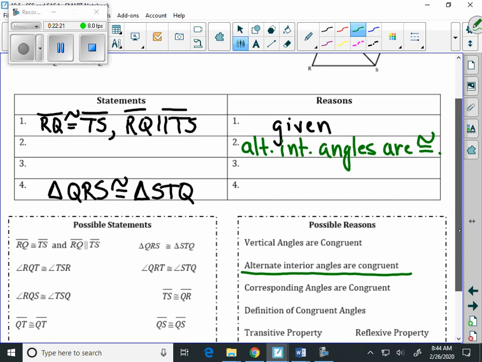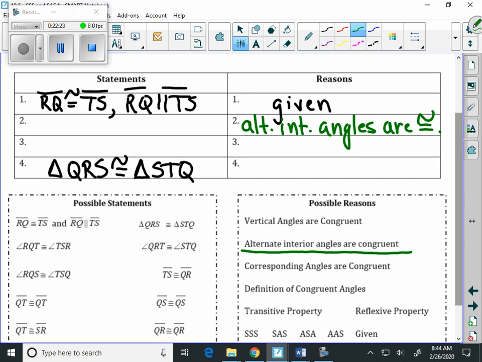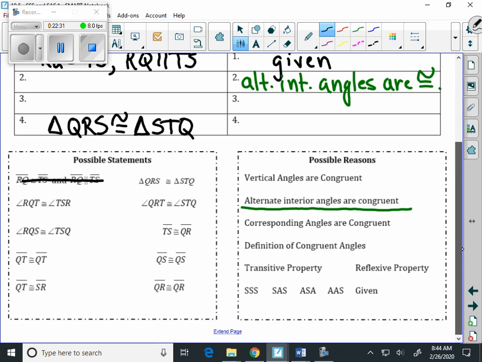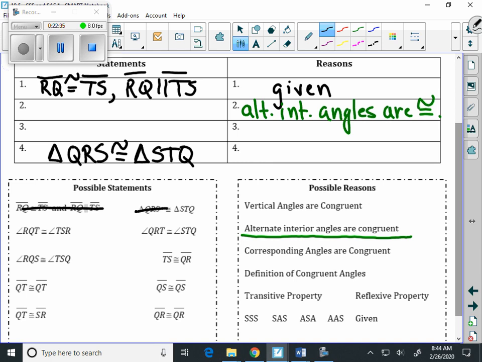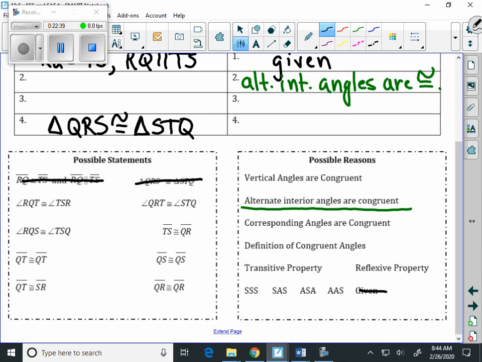And while we're writing that down, why don't we cross off some information so that we don't need that anymore? Here's that. Triangle QRS is congruent to STQ. We can get rid of that. We've got our given, we can get rid of, and now our alternate interior angles, we can get rid of that. So let the box help us here.